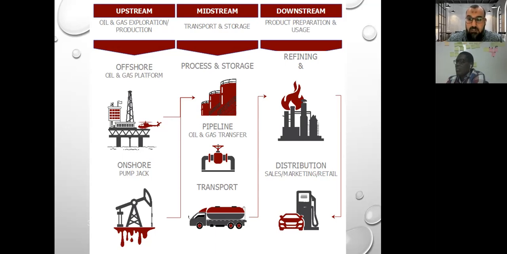If they explore or drill the gas and oil on the sea, they call it offshore. So offshore, on the sea, the drilling, the processing of exploration, everything will be done on the sea. However, if it is on the land, they will use the terminology onshore.